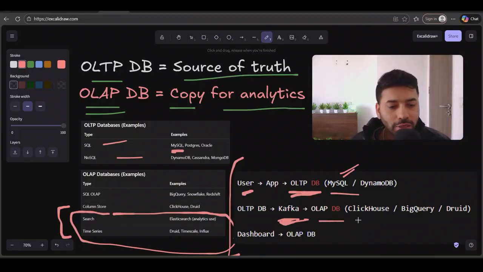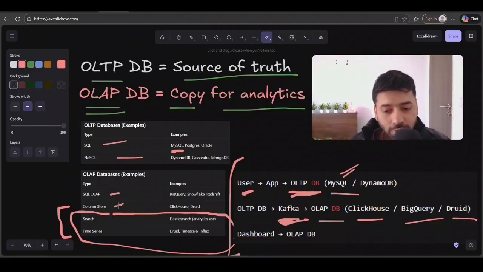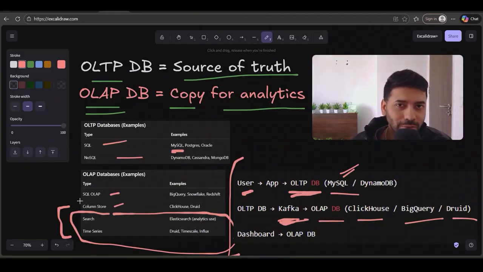Some of the examples can be ClickHouse, as we mentioned here. This is column store type. Then we can also have BigQuery, which is a type of SQL OLAP, and then Druid is also one more type which can be of type like time series or column store. Okay, because you have a lot of databases present in both of the categories of SQL, NoSQL, and then also other categories of search DB and the time series DB.